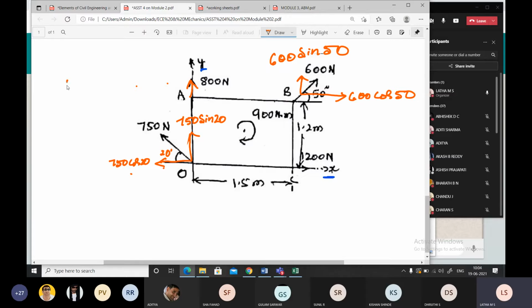Moment is what? Force into perpendicular distance. This is a moment. Clockwise or anti-clockwise? Clockwise, ma'am. Yes, clockwise.